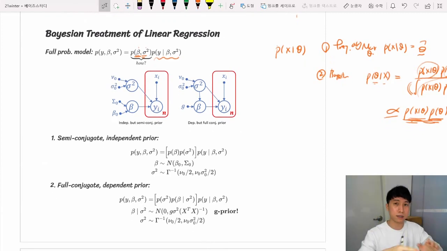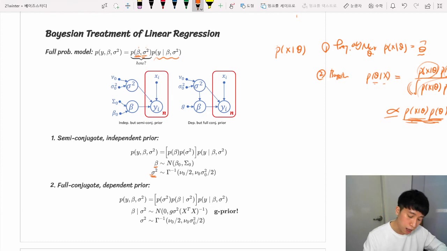At least in this textbook, A First Course in Bayesian Statistical Methods, chapter 9 covers linear regression, and the author introduces two methods for giving a prior. The first one is to give an independent prior for each of beta and sigma squared, right? The second one is to give a dependent prior.